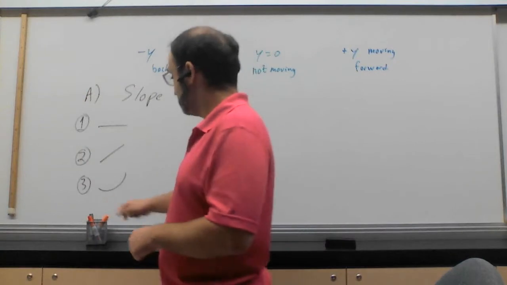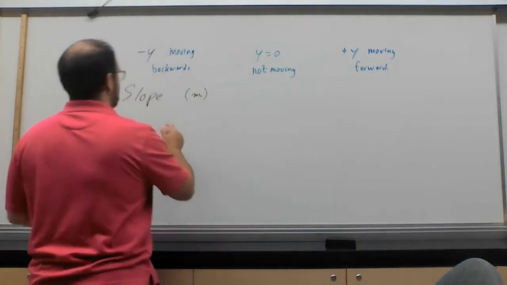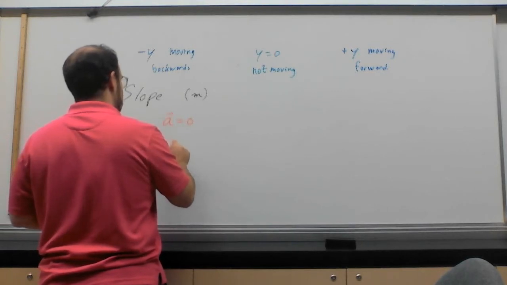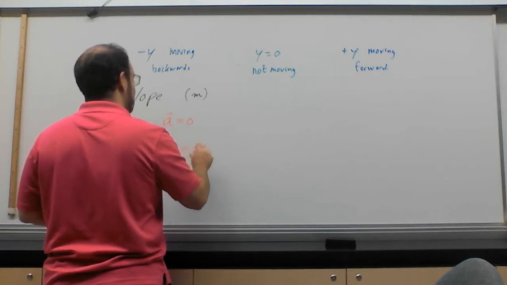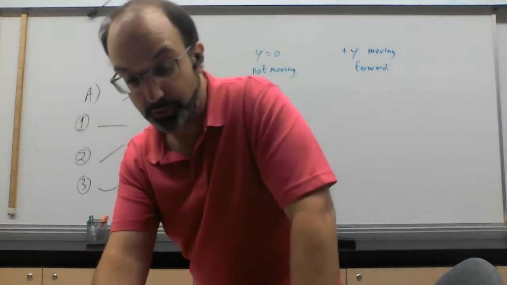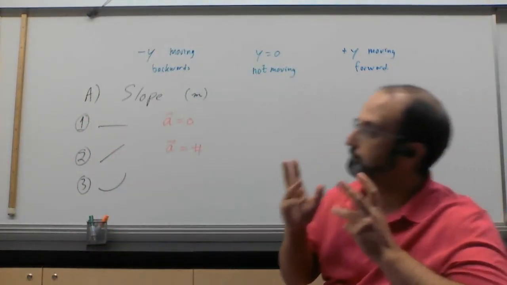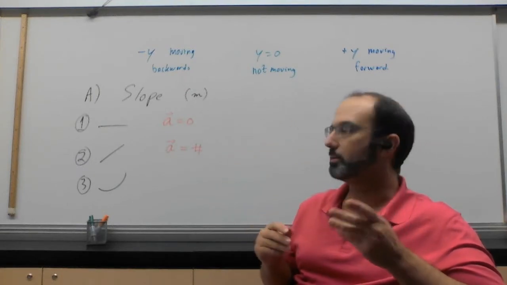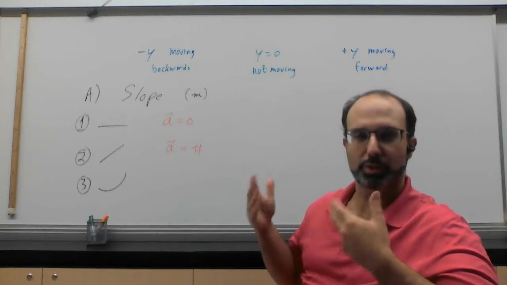What do the other ones mean? This means acceleration is 0, and this means that the acceleration is some number. We don't know what. So that's the big difference with the shapes compared to a position time graph. In a position time graph, a flat line meant that I wasn't moving.